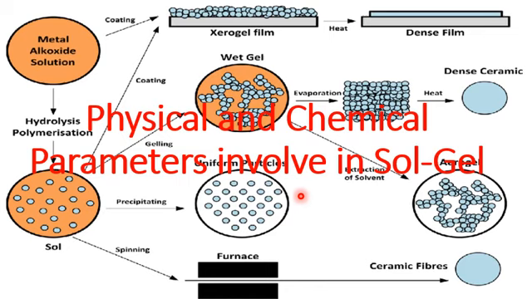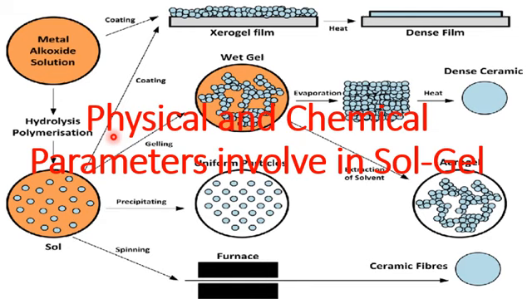So dear student, overall, in simple words, physical and chemical parameters in sol gel process are very important in order to prepare nanoparticles, nanorods and nanowires via sol gel process in a controlled fashion with a specific chemical composition.